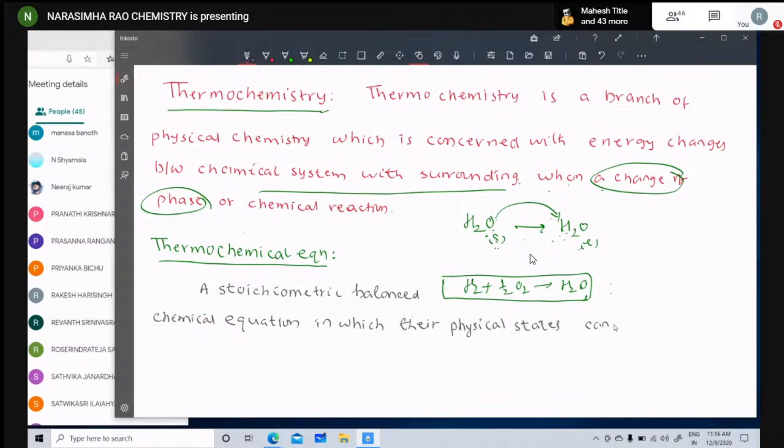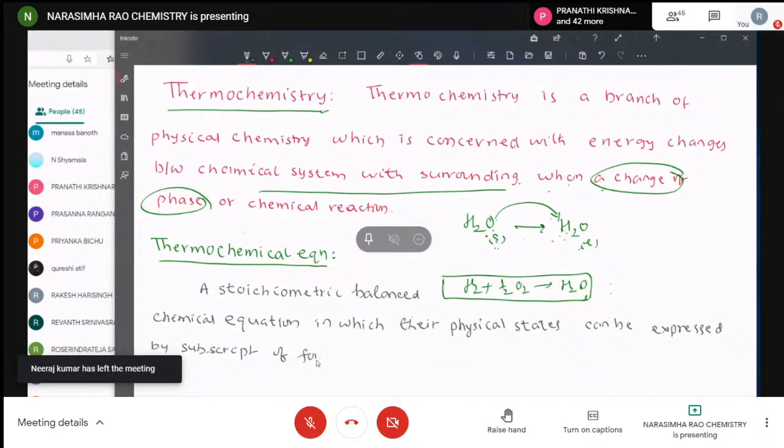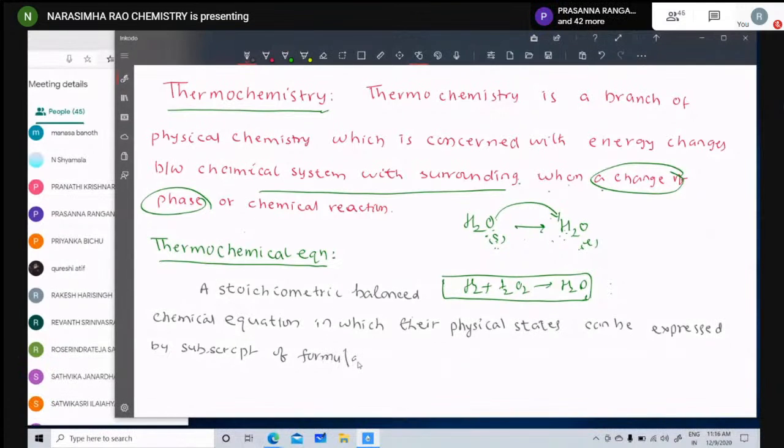can be expressed by subscript of the formula or symbol.